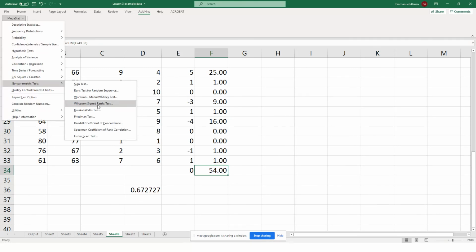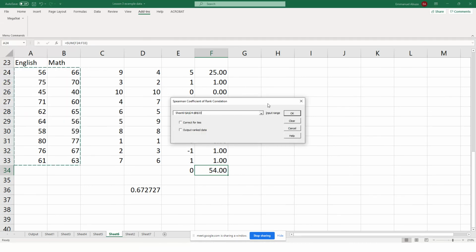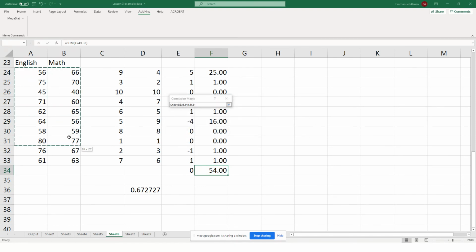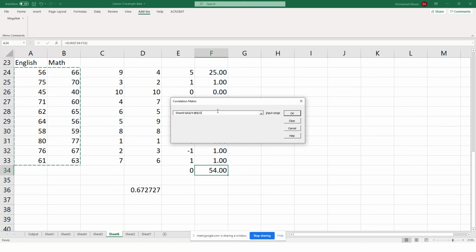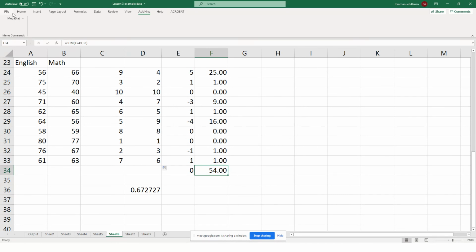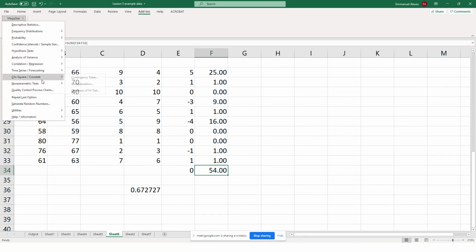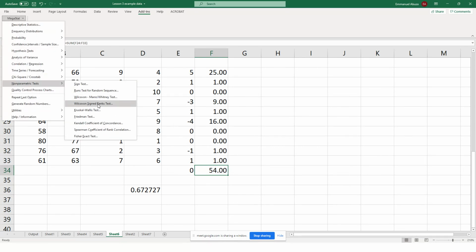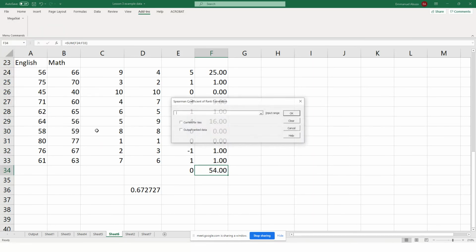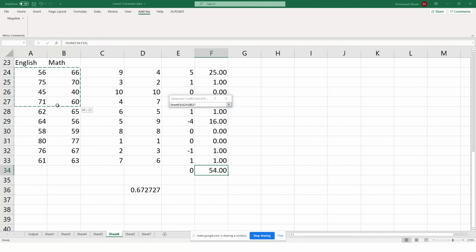And then we go to Spearman. We are going to highlight these numbers. Let's go back to MegaStat, then we go to Spearman, and then highlight.